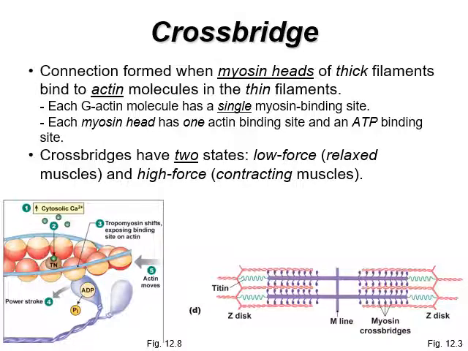Now that we've talked about the thick and the thin filaments, you can see the arrangement in the sarcomere, with the thick filaments here and the thin filaments running there. What allows the muscle to contract, to shorten, is an interaction between the myosin head and the actin molecules. We get what's called cross-bridging.